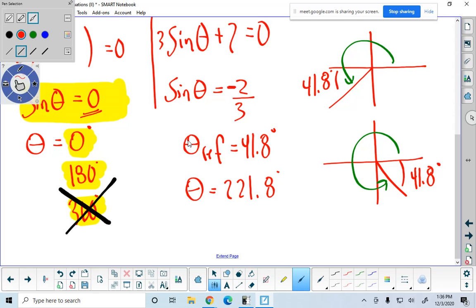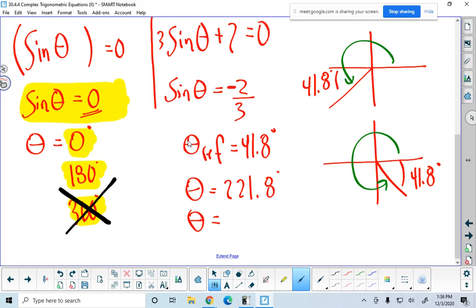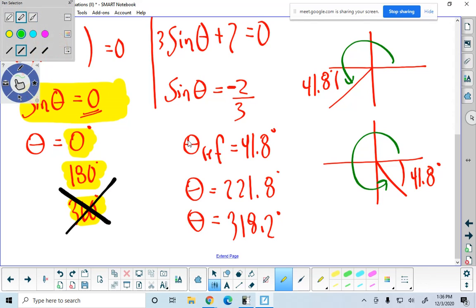And then we will also have to take 360 minus 41.8, which gives 318.2 degrees, I think. Yes? That's right. Okay. Thank you, Aaron. So we actually have 4 solutions. We have 0 degrees, 180 degrees. We also have 221.8 degrees and 318.2 degrees.